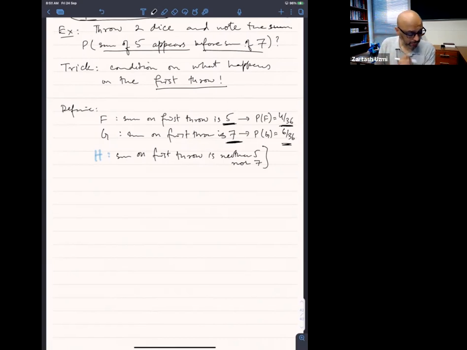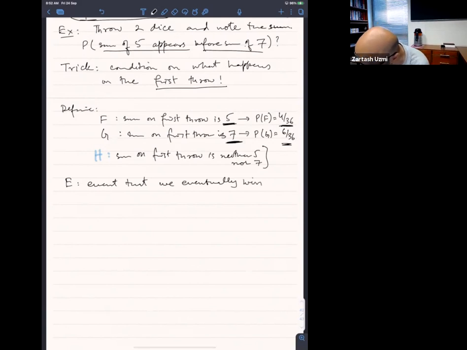Also define E as the event that we eventually win. Let me define what win means. Win means 5 before 7. This is the probability that we wanted to find out.